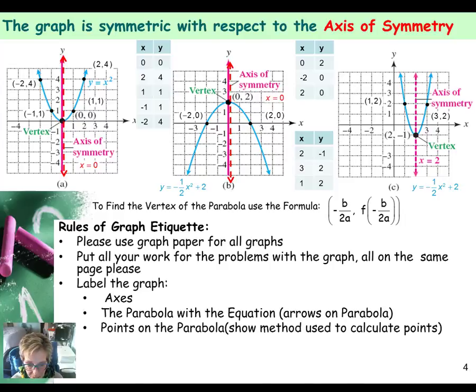Points on the parabola. Show the method you used to calculate the points. I used a table in this case. Label any x or y intercepts if they're good, clear points. As you can see in letter B, some of the points are not real clear, so all I did was label the x-intercepts. Label the vertex and label the axis of symmetry.